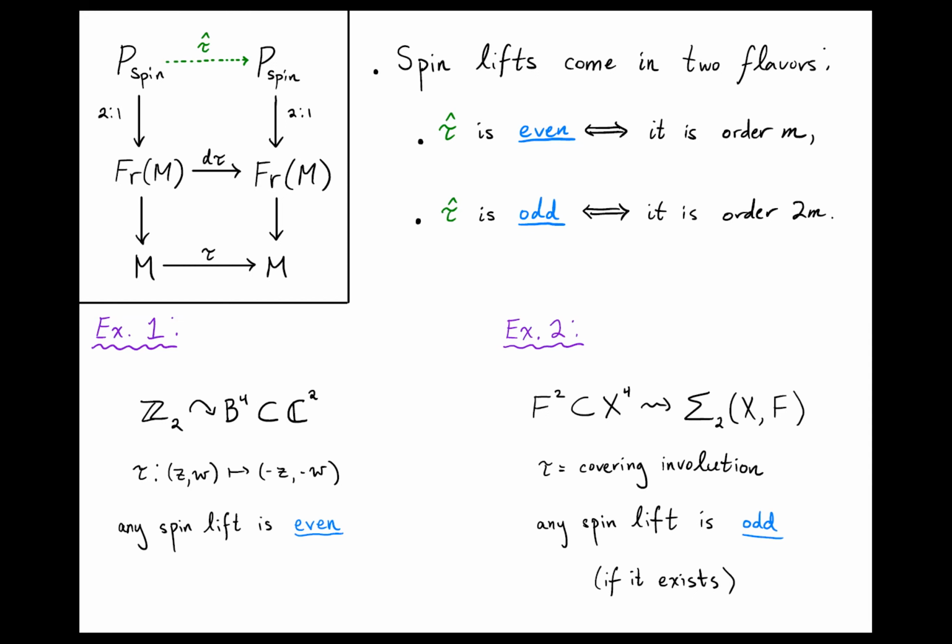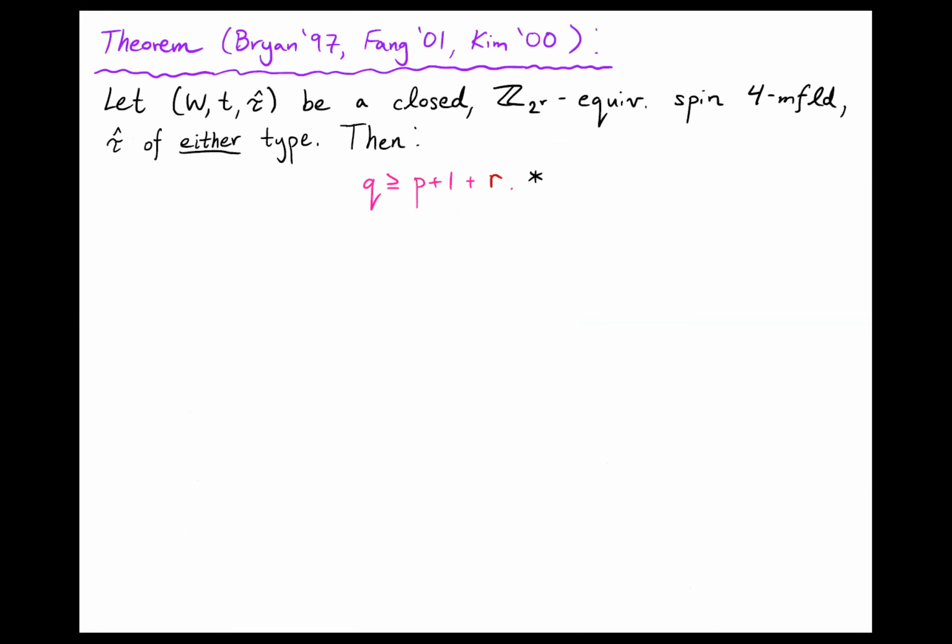Okay, with that out of the way, let's state some theorems. With this framework, we have these equivariant 10/8-type theorems for closed 4-manifolds, due independently to Baraglia, Feng, and Kim.